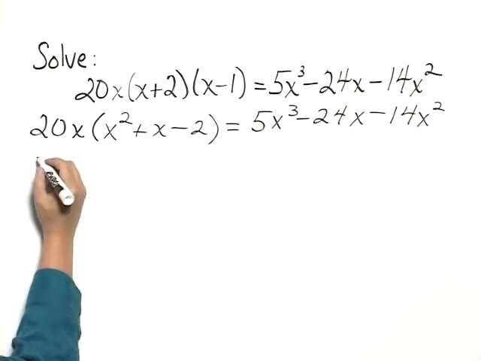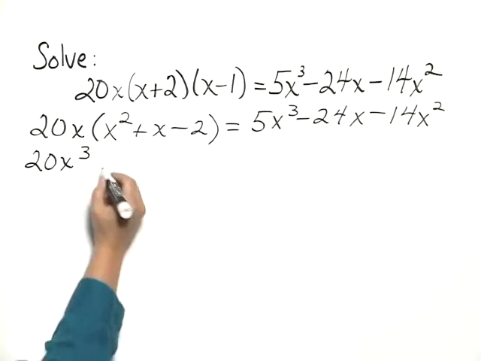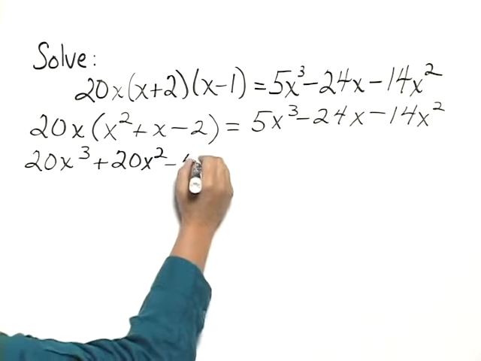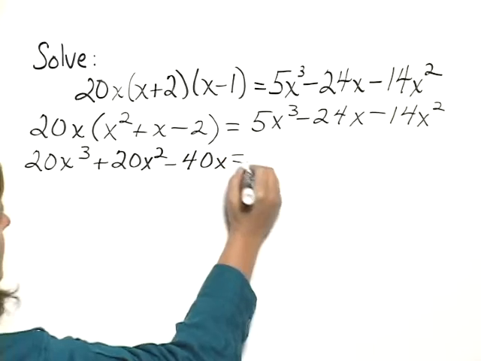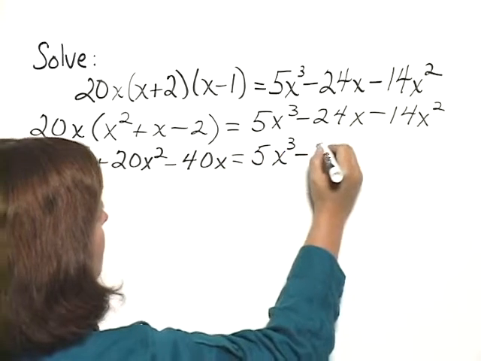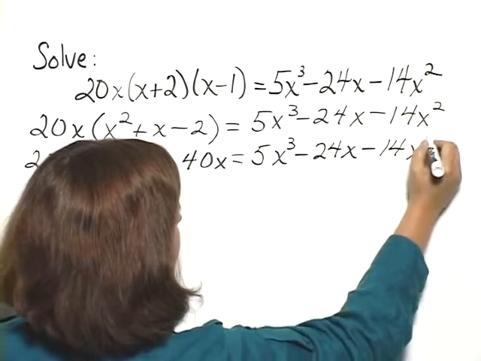Finishing the multiplication here, I have now 20x cubed plus 20x squared minus 40x, and again that equals 5x cubed minus 24x minus 14x squared.